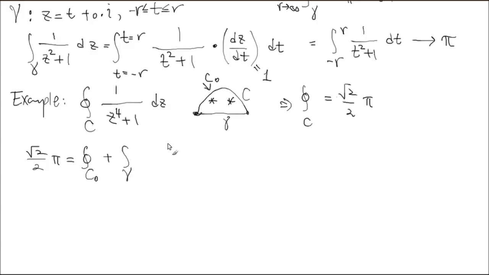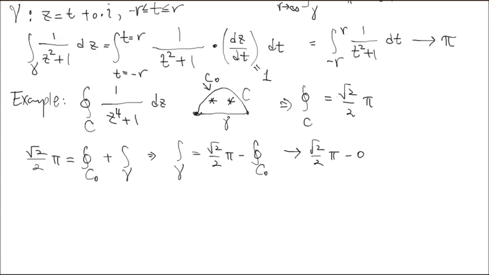So if you're interested in the bottom real part, it is root 2 over 2 pi minus the upper circle, right? But if you look at this as a polynomial divided by a polynomial, do you recognize the degree difference is more than 2? Numerator degree is 0. Denominator degree here is 4. So the difference is big enough that this one approaches 0, right? So that one approaches what number now? Root 2 over 2 pi is a constant, and this one becomes 0 because of that earlier result I showed.